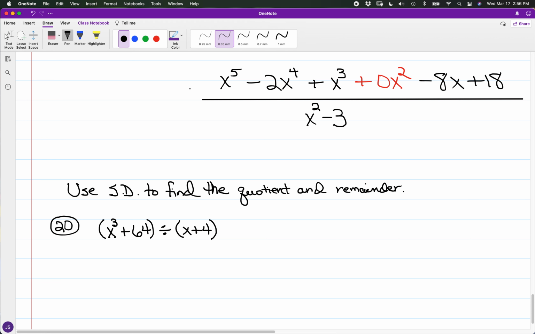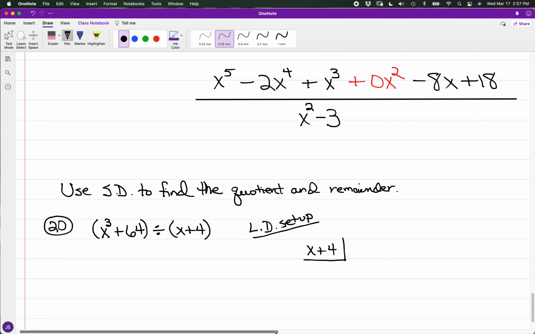But just looking at the long division setup, the reason I'm going through this pathway is to make sure I'm not missing any degree terms. And if I am, again, I'm using 0 placeholders. So for the long division setup, x plus 4 is the divisor, and x cubed plus 64 is the dividend.